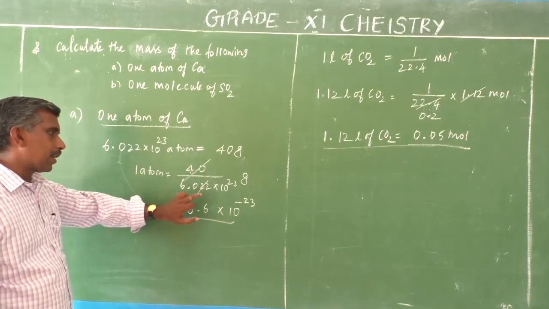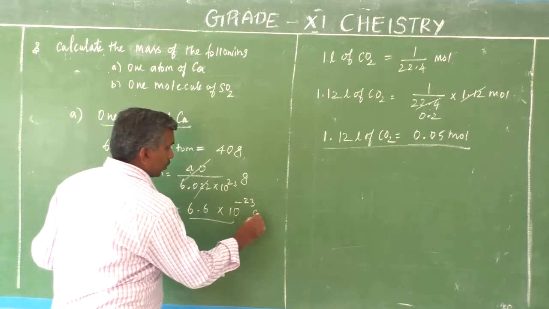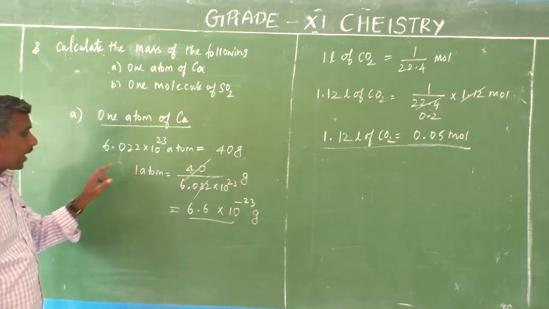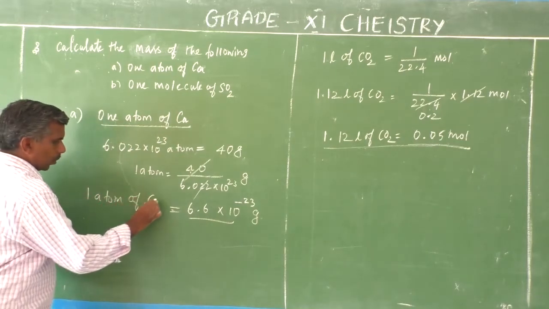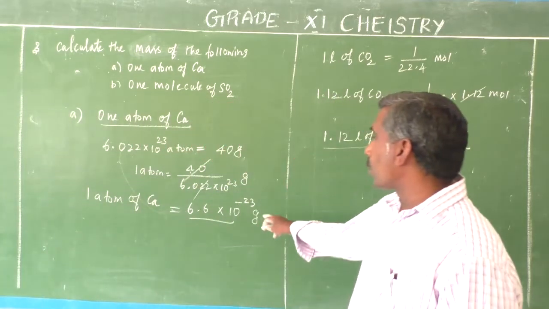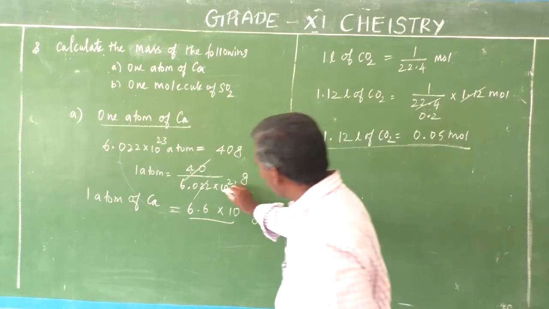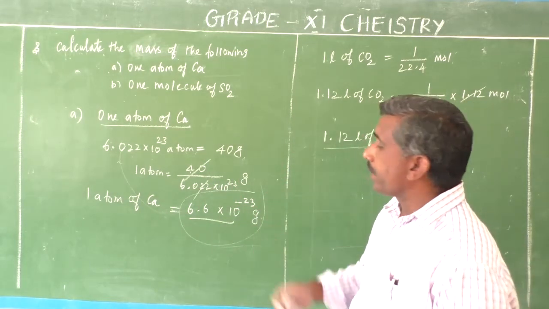So one atom of calcium has a mass of 6.64 into 10 power minus 23 gram. Very small, that is the weight of one atom.